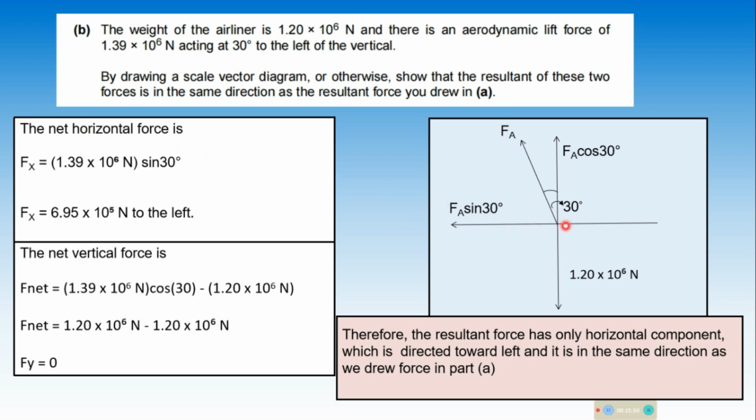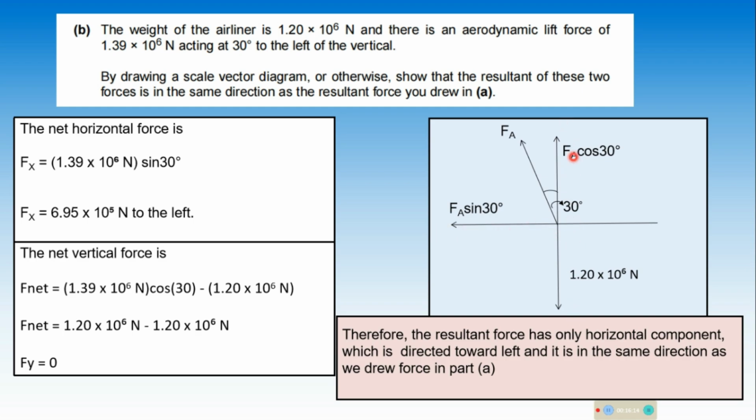So the net horizontal force is Fa sin 30 only. So Fa sin 30, with Fa 1.39 × 10^6 newtons, times sin 30. Fx is the horizontal component. So this is equal to 6.95 × 10^5 newtons to the left. That direction is toward the left.